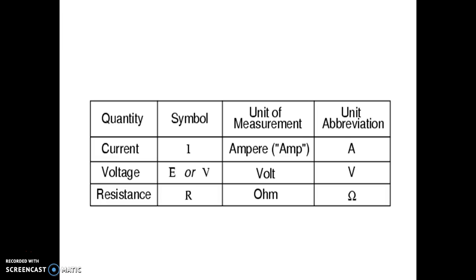For current, the symbol is I, or we can say it is denoted by the letter I. Its unit is ampere and its abbreviation is A. For voltage, the symbol is E or V. Usually we use V for voltage. The unit of voltage is volts and its abbreviation is V. For resistance we use the letter R and its unit of measurement is ohm.